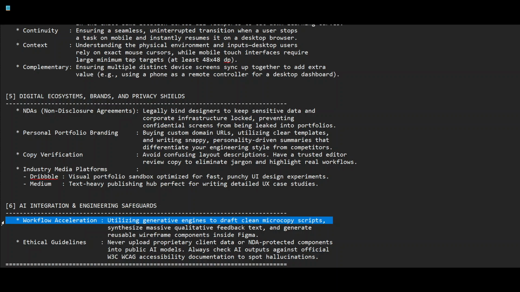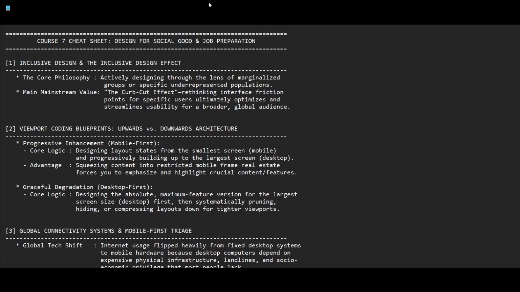And then the ethical guidelines: never upload proprietary client data or NDA-protected components into public AI models. Always check the AI outputs against official W3C and WCAG accessibility documentation to spot hallucinations or wrong outputs.